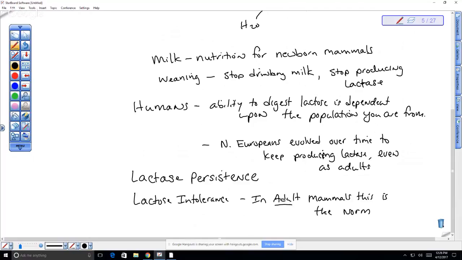So that actually protects us from bad microbes. But how do we treat our milk products so that you can digest them a little bit easier? Nope. Enzymes, what produces the enzymes? What's cheese and yogurt?